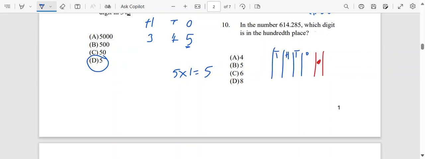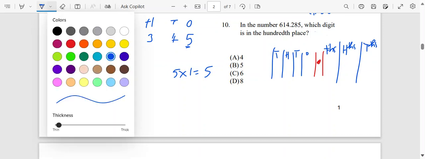On this side we have the tenths, the hundredths, and the thousandths. All right, so let's put on our digits now. Let me use the green.